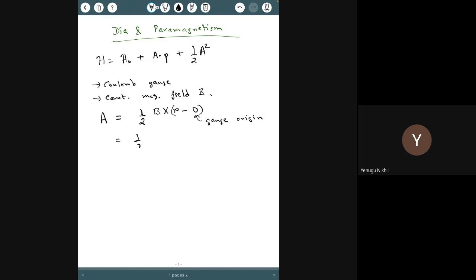Then I can write this in a short notation as half B cross R0. Then A dot P is basically half B cross R0 dot P, and this is called a scalar triple product, if I remember.